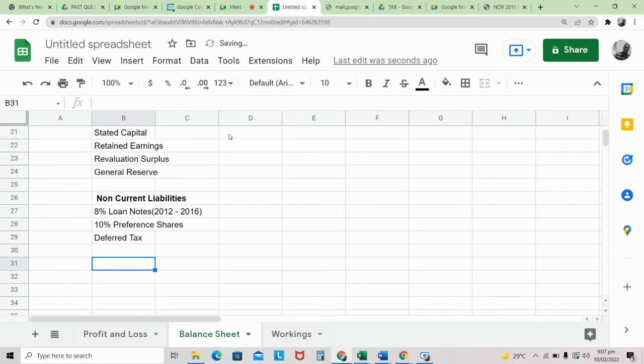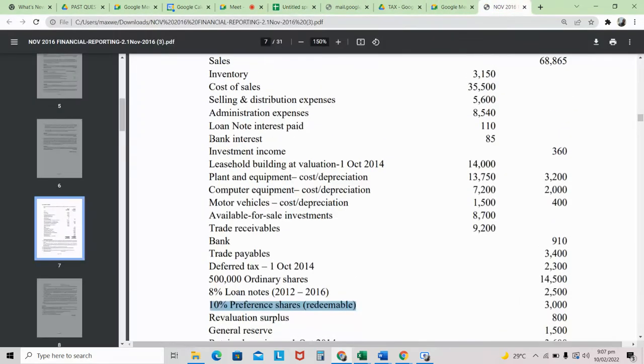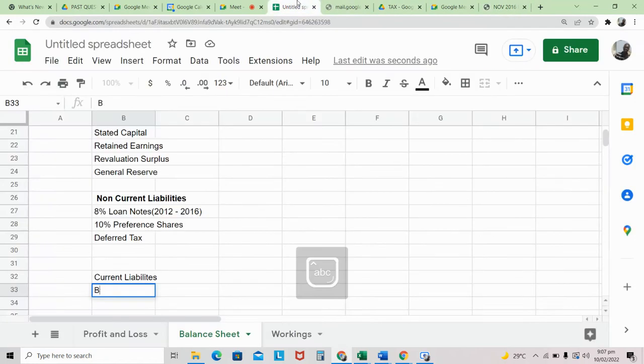Okay, let's look at the current liabilities. We have bank overdrafts.